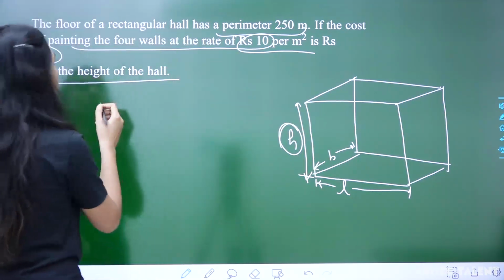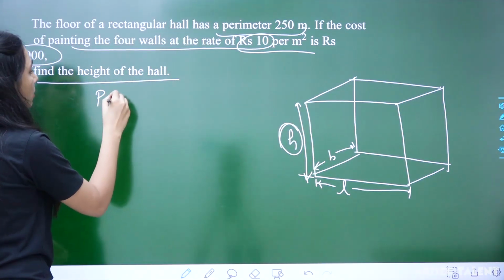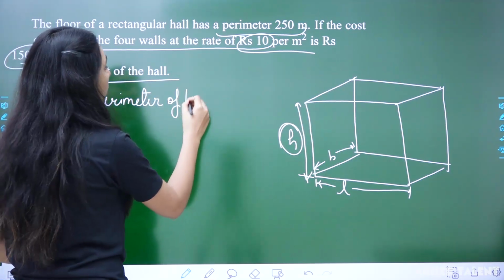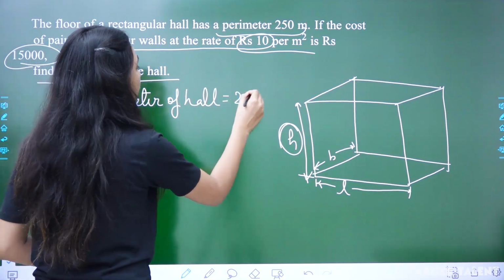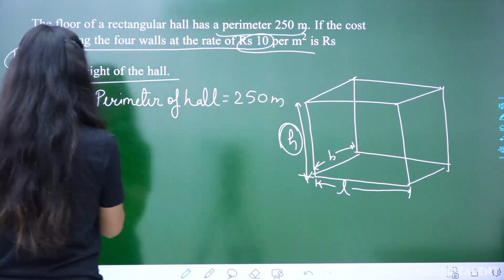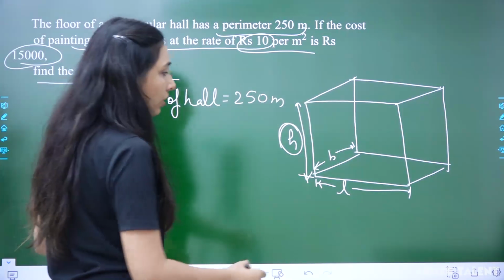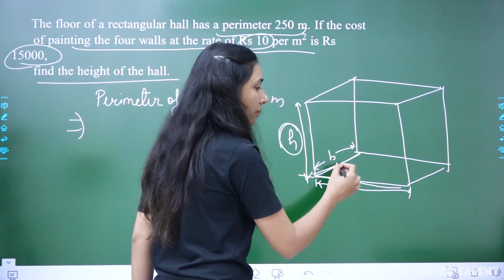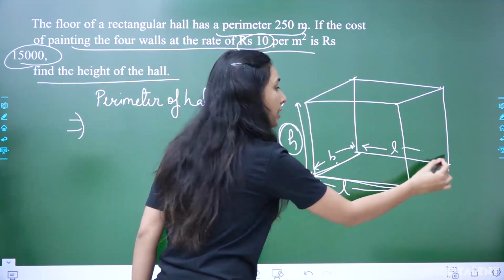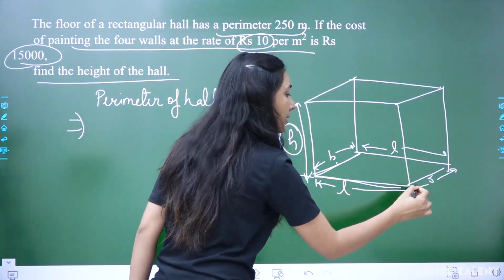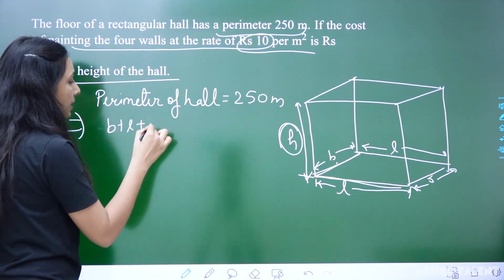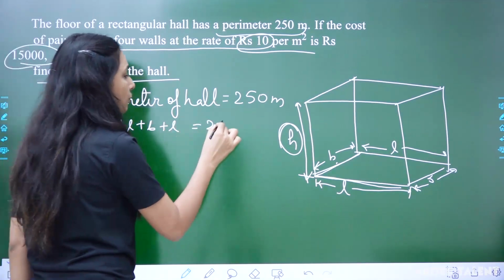Now what is given to us is that the perimeter of the hall is equal to 250 meter. What is the perimeter of the hall? This L, this B, then again L, then again B. So B plus L plus B plus L equals 250 meter.